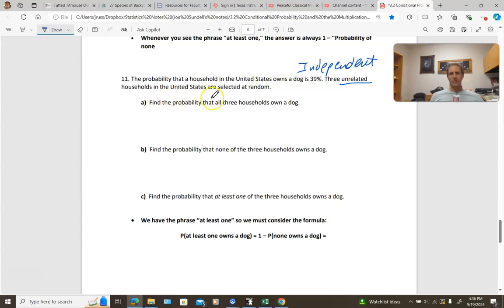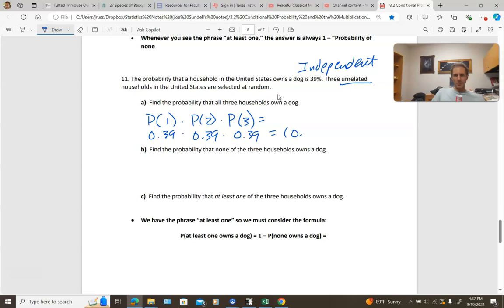Okay. So the probability that all 3 households own a dog. Well, if these are all independent events, then we could say the probability that the first one owns a dog times the probability that the second one owns a dog times the probability that the third one owns a dog. Well, we know what the probability that the household owning a dog is. It's 39%. So this would be 0.39 times 0.39 times 0.39, or in other words, 0.39 or 39% to the third power.